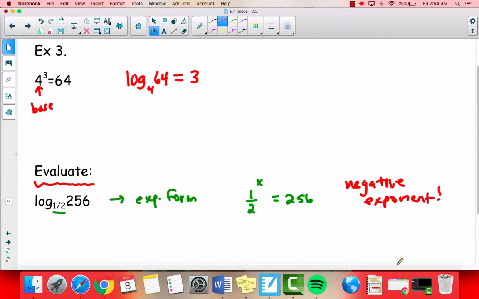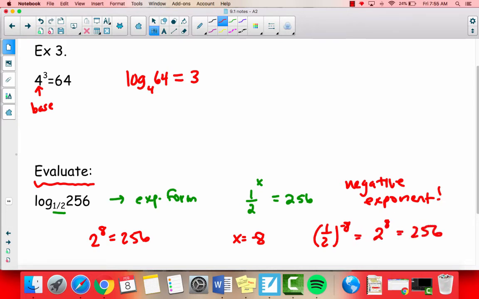And you might have to do some experimenting a little bit with your calculator, but it turns out that 2 to the 8th equals 256. So I have to change 1/2 to a 2 by making it negative, so I'm going to have negative 8. So you could double check 1/2 to the negative 8th. That's going to flip my fraction and become positive 8, and then that's going to get me 256. And that would work. So our final answer here is x equals negative 8.